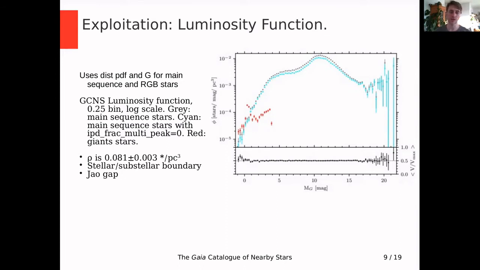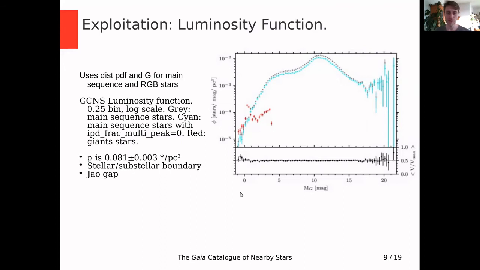That means stars that are fainter than the magnitude limit in a particular direction of the sky are not included in the luminosity function. And also the volume is lowered in that direction. And similarly, we also include the probability density function of the distances. So stars that are at the 100 parsec border only contribute partially to our luminosity function.